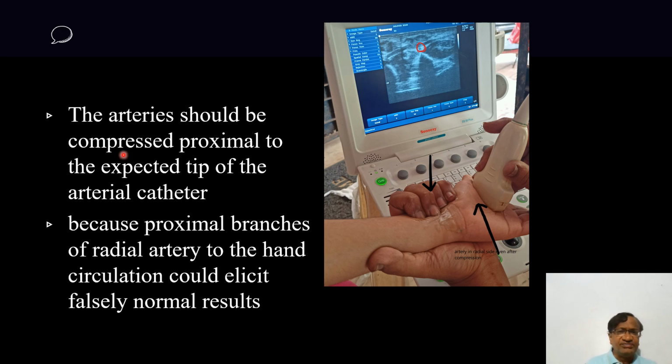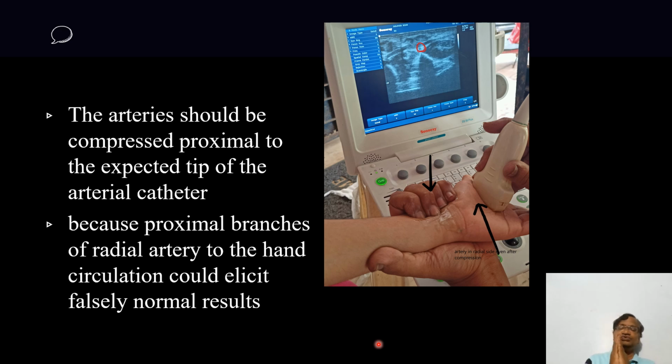The artery should be compressed proximal to the expected tip of the arterial catheter. Now your tip will be here, so compress proximal to it, because proximal branches of the radial artery to the hand circulation could confound the result. If you compress here but your arterial cannula goes proximal to that, then what is the purpose?